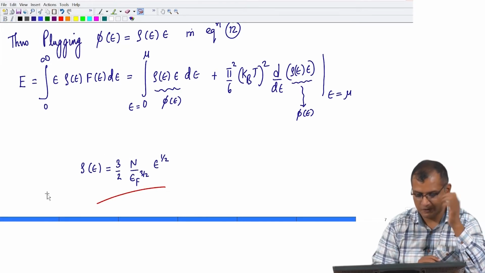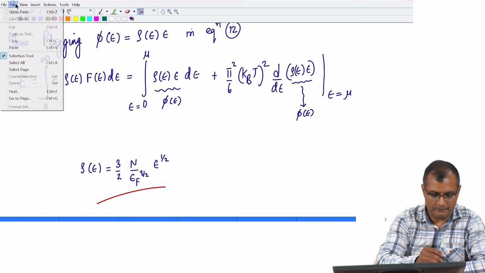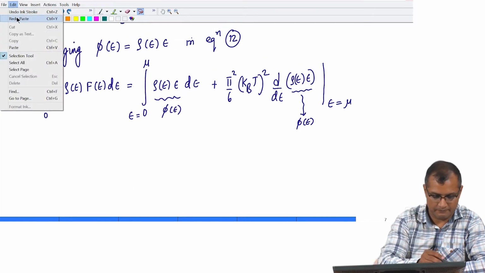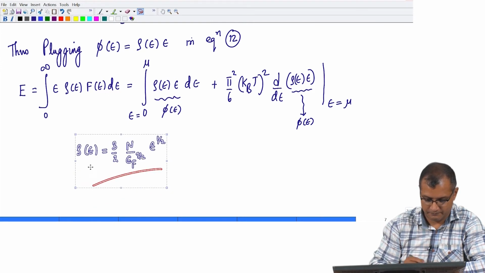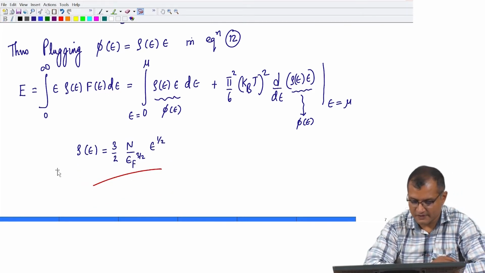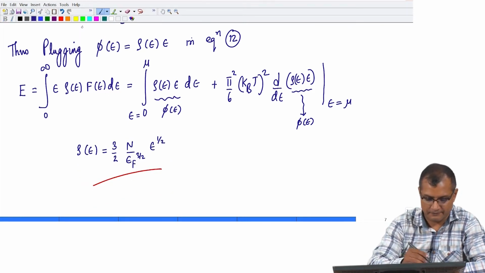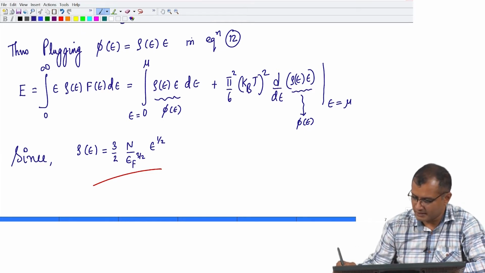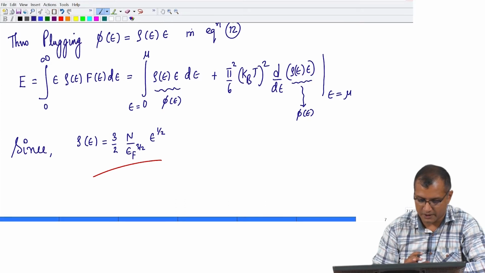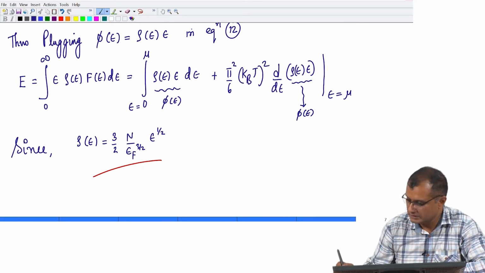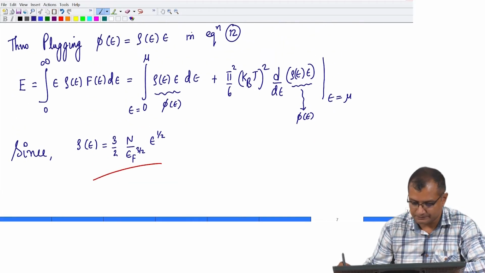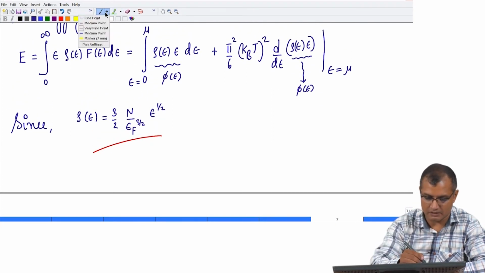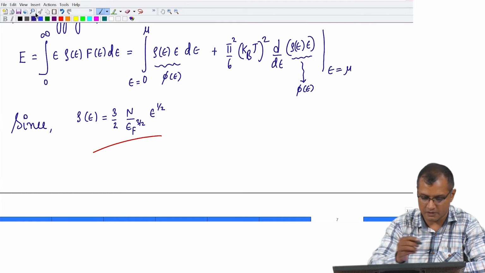I know the density of states is this. So, I can compute what is my integral. So, it is very simple now, because I can write down this integral as keep all the constants outside.